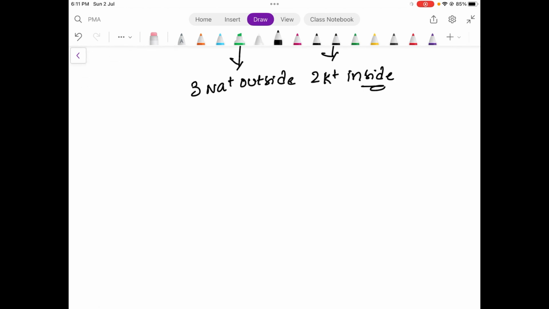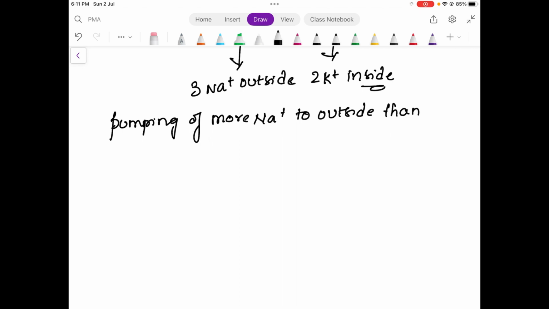So with this, there is pumping of more sodium to the outside than potassium ions to the inside.